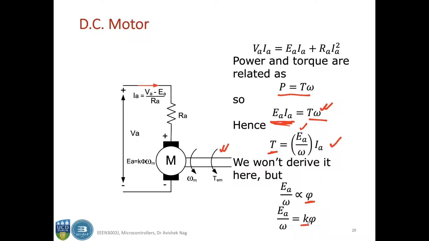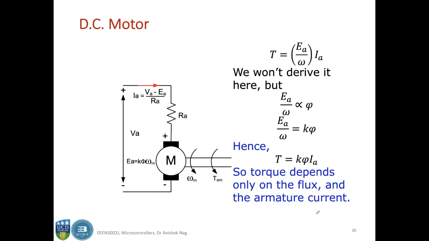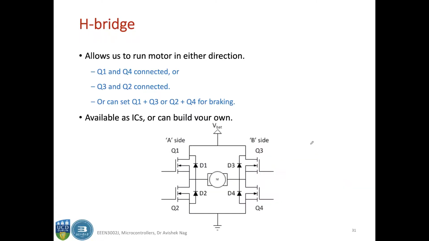So you write a constant K times psi, the magnetic flux density. So in that case you get the torque, which is equal to the magnetic flux density times the armature current times a proportional constant. So therefore the torque depends only on the flux and the armature current. So how fast the motor will rotate depends on the magnetic field and the armature current. Okay, so that was the theory of the motor.